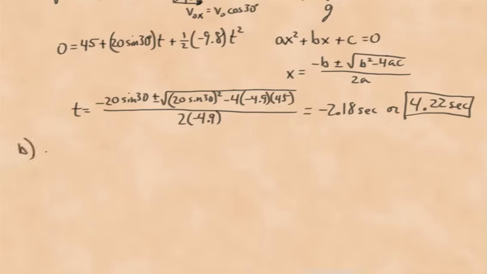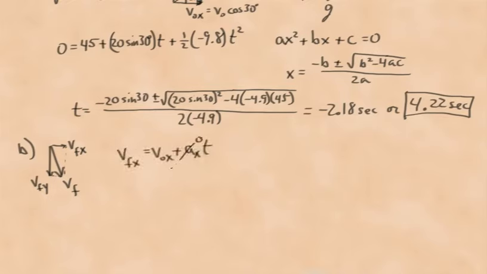Now part B, we want to know how fast it's going. The way we're going to do that is we're going to find the final x and y speeds and calculate v final from that.